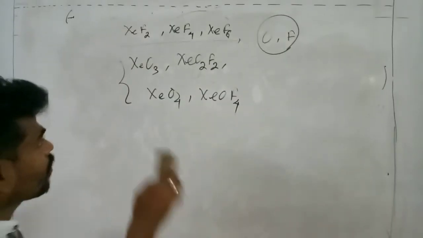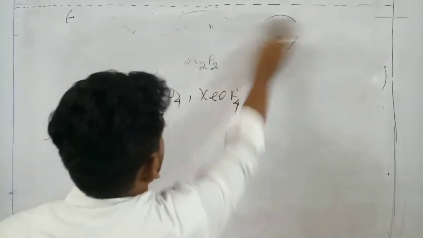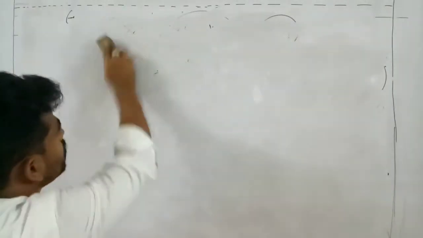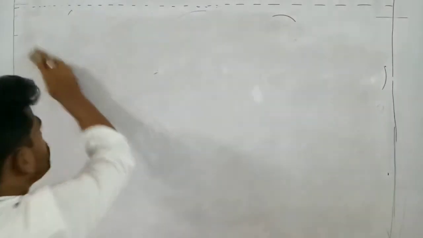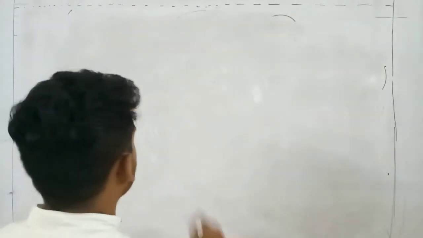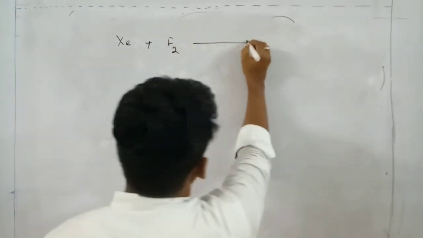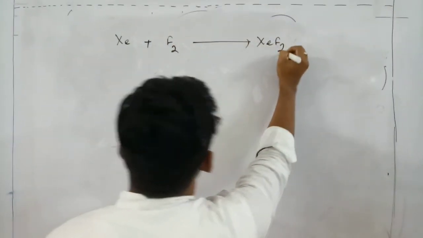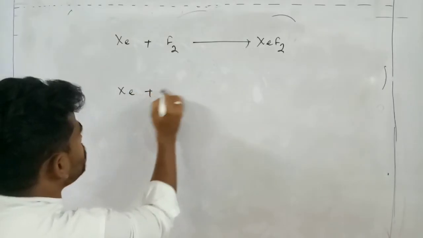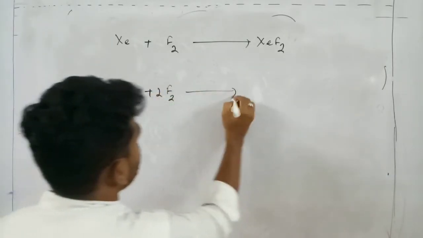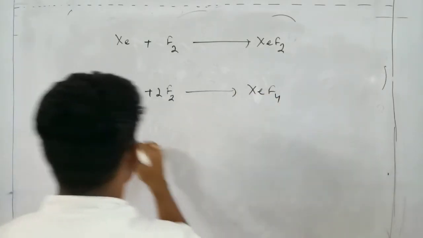Okay, if we consider xenon fluoride compounds, just remember that xenon combines with fluorine under certain temperature to form xenon difluoride. Xenon combines with fluorine to form xenon tetrafluoride.